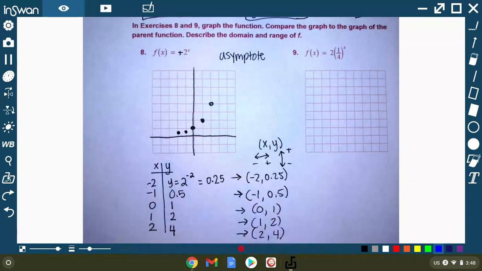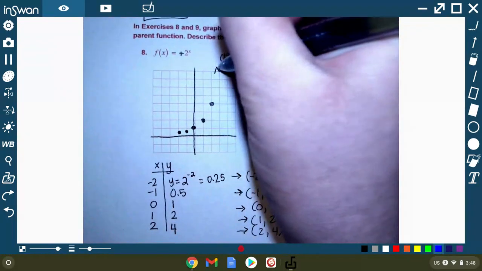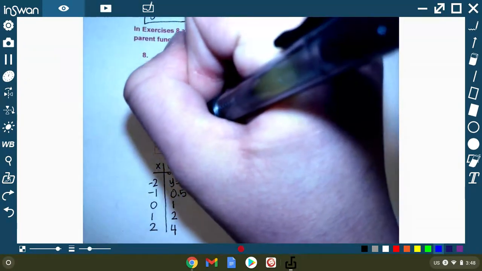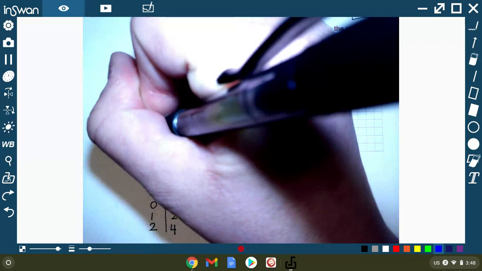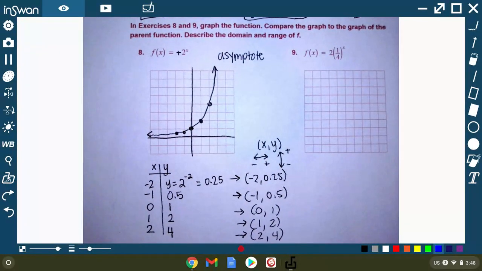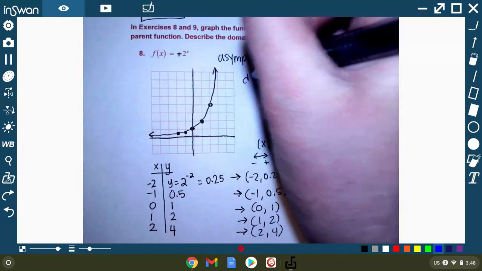There are some values that won't work for our equation, and that's where they're located. So when we connect this, we draw arrows on both ends, but we can't cross the x-axis. You have to draw it really, really close, but it never touches it or goes across it. All right, and then we want to find the domain and the range.